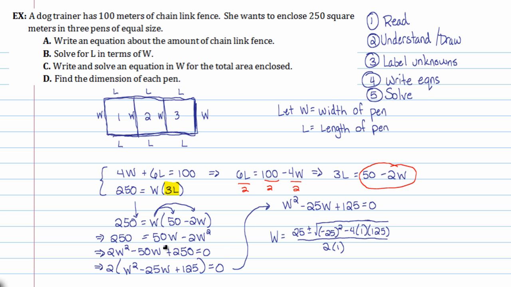Some people might be wondering, well, what if I didn't factor out that 2 and I just did the quadratic formula on this step right here? You would get the same answer. You just have a lot more simplification to do in the end. But it's totally okay. Anyway, this turns into negative 25 squared is 625. And then negative 4 times 125 is going to be negative 500.